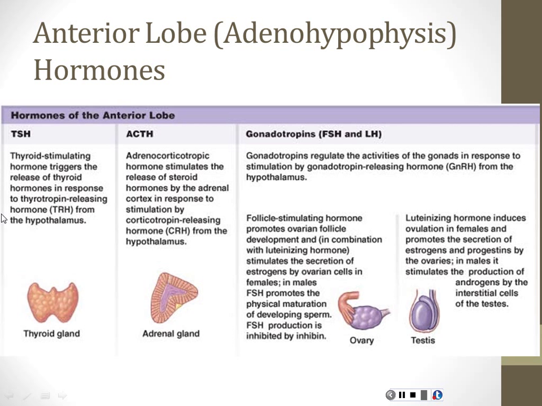Okay? Of all of these hormones, this is the one that is tested for the most because TSH is a quick test to determine if the thyroid gland is functioning normally. Okay? If TSH levels are very, very low, it means the thyroid is producing too much hormone. If TSH levels are very high, it means the thyroid isn't producing enough hormone.